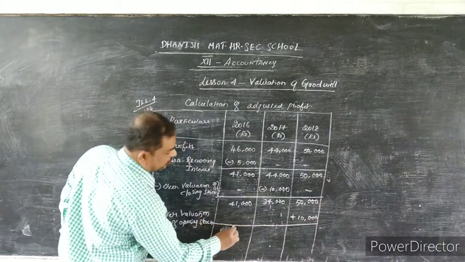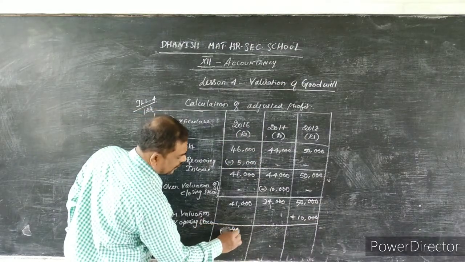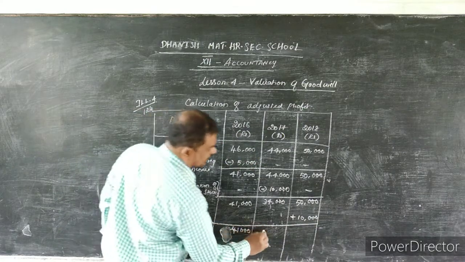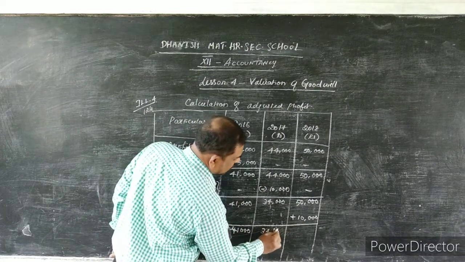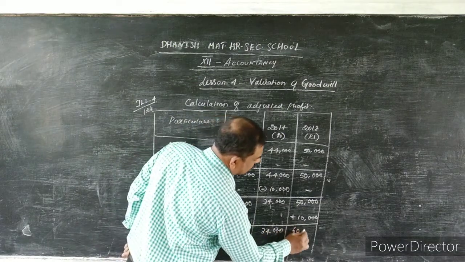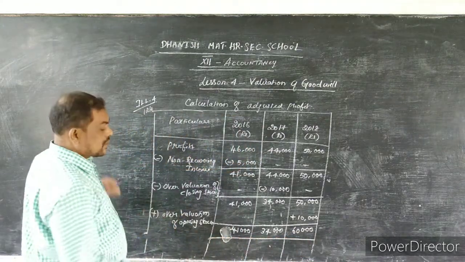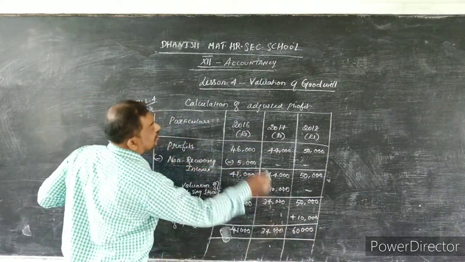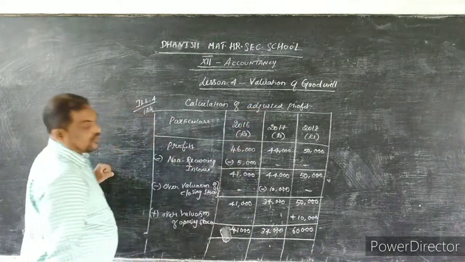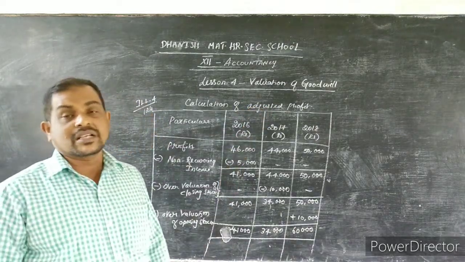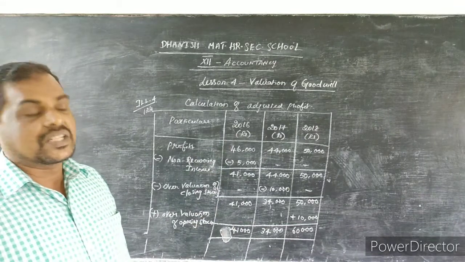So 41,000, 34,000, 60,000. That's all. The adjustments are over. So this profit is called adjusted profit.